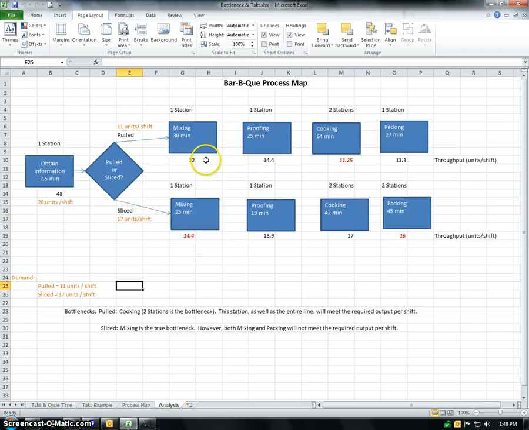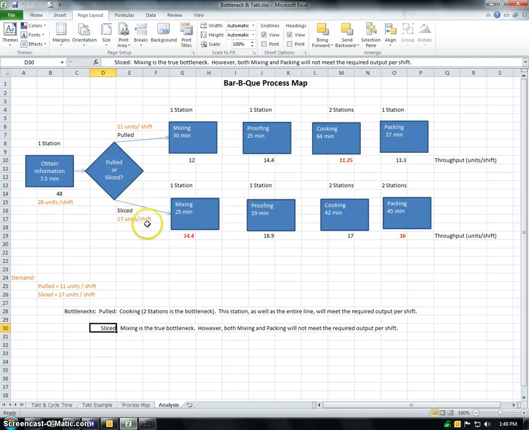And when we look at our throughput, we can see right there, that was our bottleneck, 11.25 units per shift, but we only needed 11 units per shift. So on our pulled line, cooking, which has 2 stations, is our bottleneck. That is the slowest step in the process, but this station will meet the required output per shift.